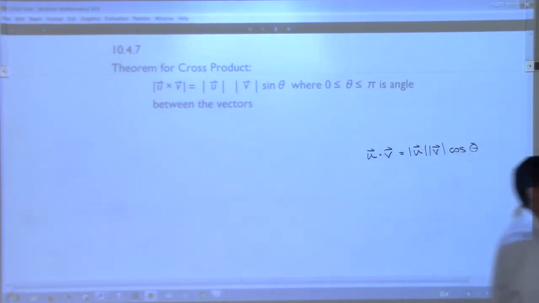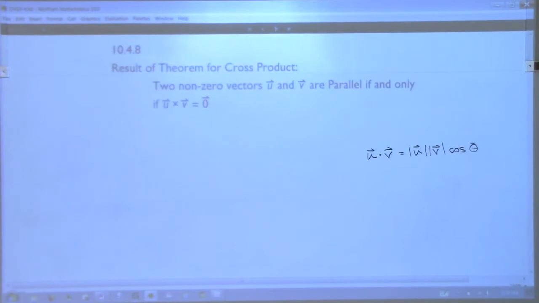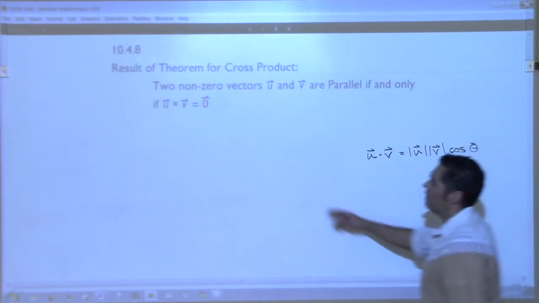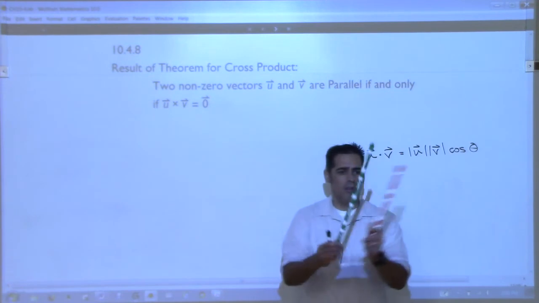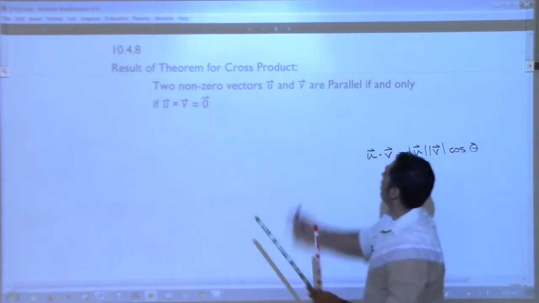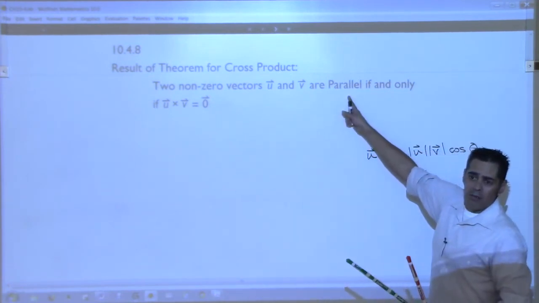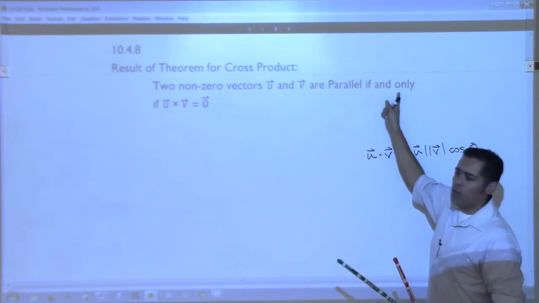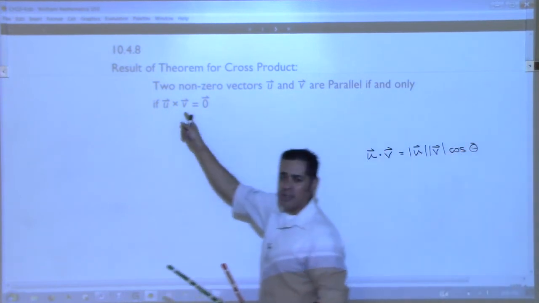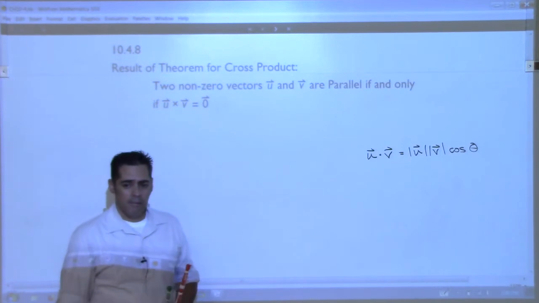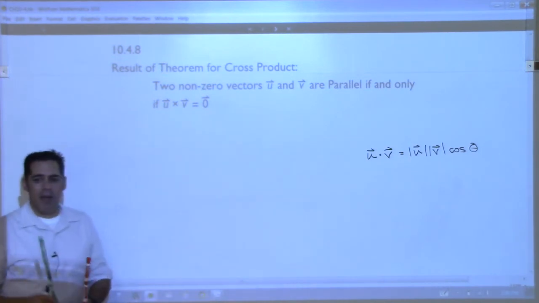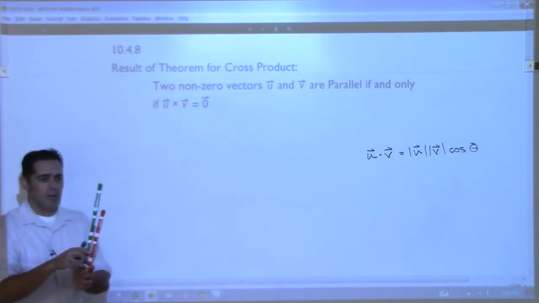Which means that any two non-zero vectors are parallel to one another if and only if the cross product yields the zero vector. So this is a way to check whether or not two vectors are parallel to one another.